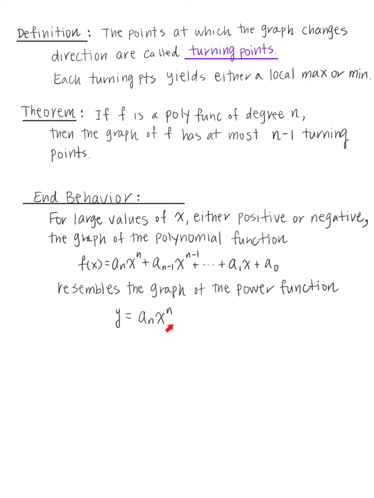So basically, suppose you're given maybe 5x to the 3rd plus 2x squared or something like that. If I want to graph that, the behavior of the graph of this whole polynomial is going to resemble the form of just 5x to the 3rd.